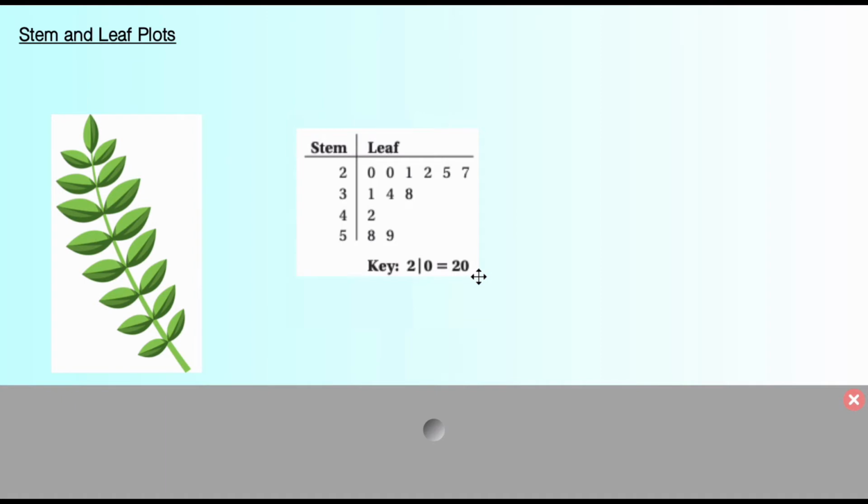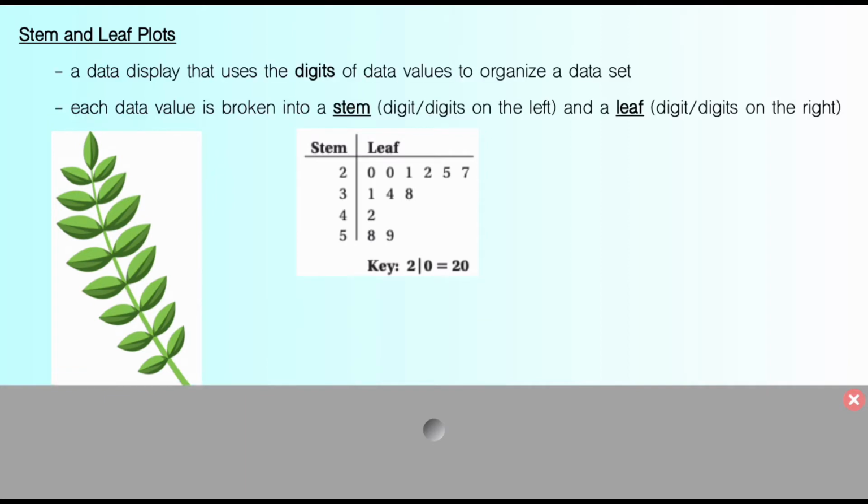So here I'll write out what a stem and leaf plot is, in case you take notes, and then we'll talk a little bit more about it. All right, so in case you're a note taker or need to visualize what I'm saying, a stem and leaf plot is a data display that uses the digits of all the data values to organize the data set.